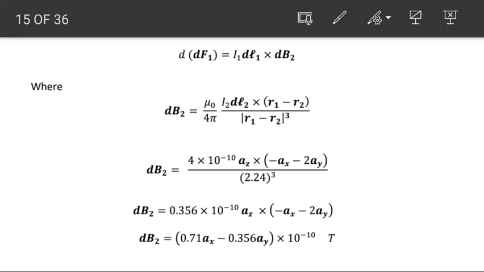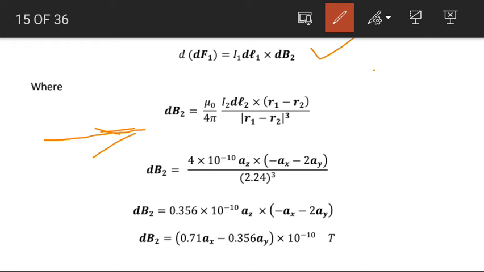Well, the differential force which is experienced by the first current element will be equal to I1 dl1 cross dB2. We calculate dB2 with the help of this particular equation. dB2 will be equal to mu naught by 4 pi into I2 dl2 cross R1 minus R2 by R1 minus R2 raised to power 3.